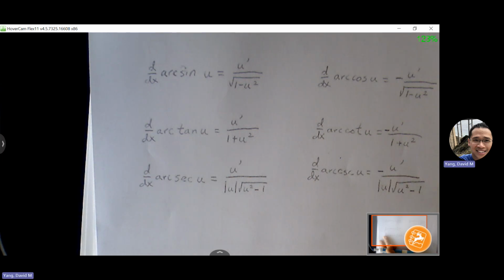I think the thing that students struggle with is the order here. Which one comes first, the u squared minus 1 or the 1 minus u squared? They look so similar to each other. The way that I remember it is I know that the most complicated looking one has a square root. It's got a u squared, it's got a minus 1, and the u's are next to each other. That's how I remember it.